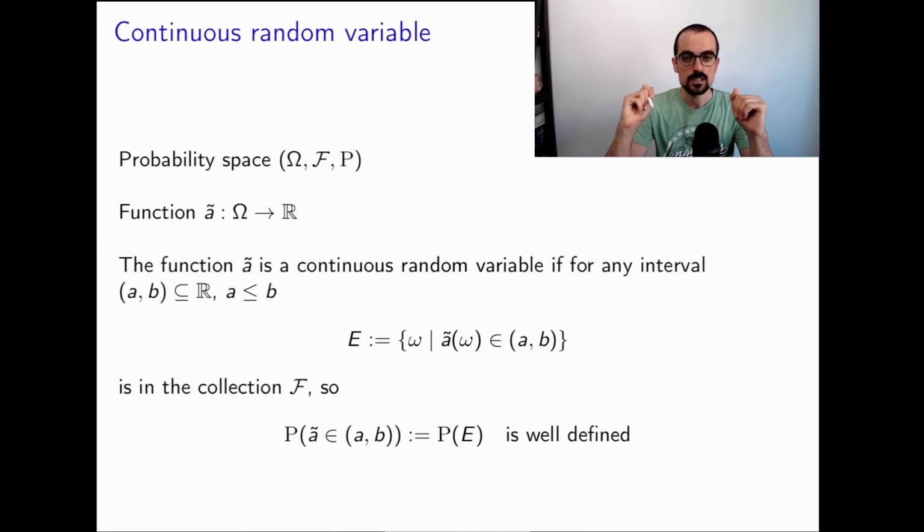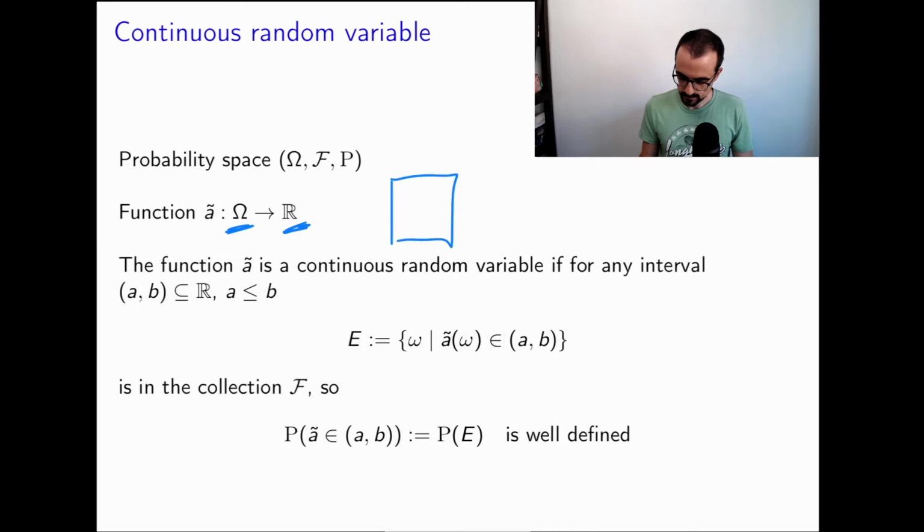It's a function that maps a sample space to the real numbers, and I'm going to draw a picture. That's the sample space, and we have a function that maps to the real numbers. This is the real line.